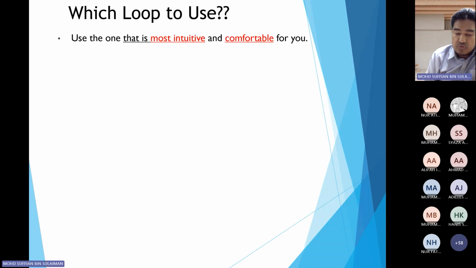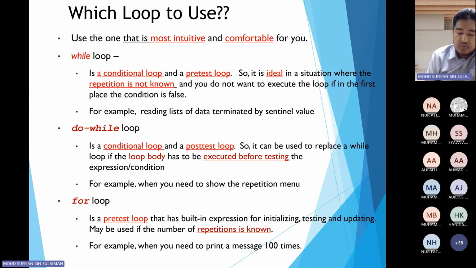Which loop to use? Okay, last one, Abida. So we have while, we have do while, and then we have for. So which loop to use? First, like what I have told you again and again, look at the instruction of the question. If the instruction asks you to use do while, you need to use do while.